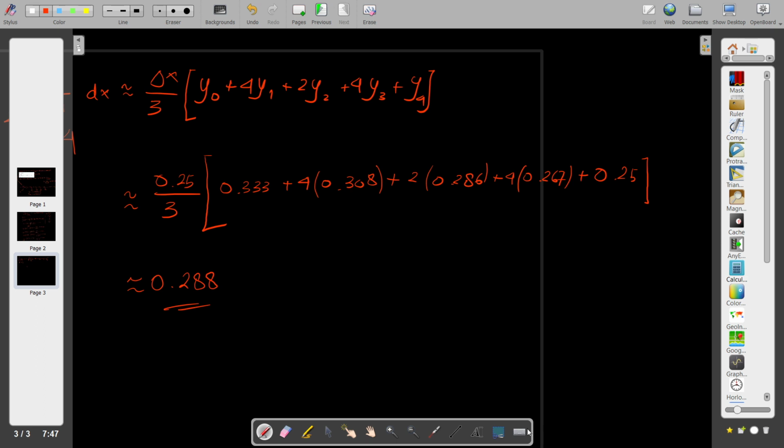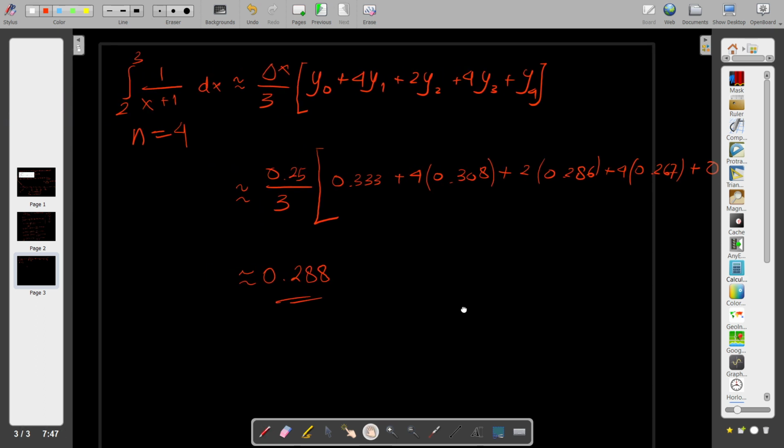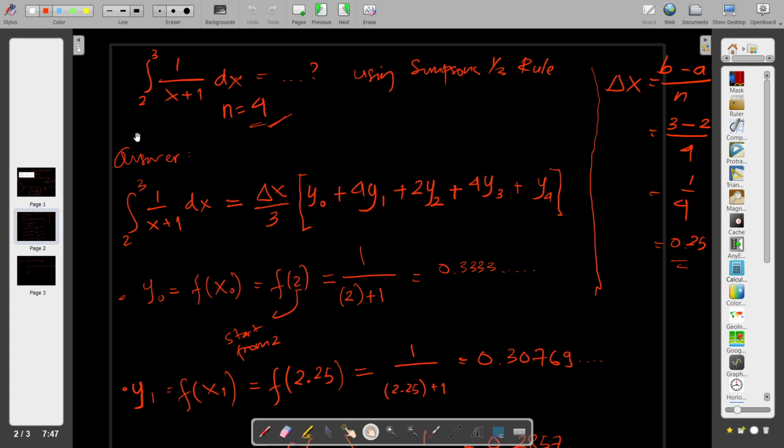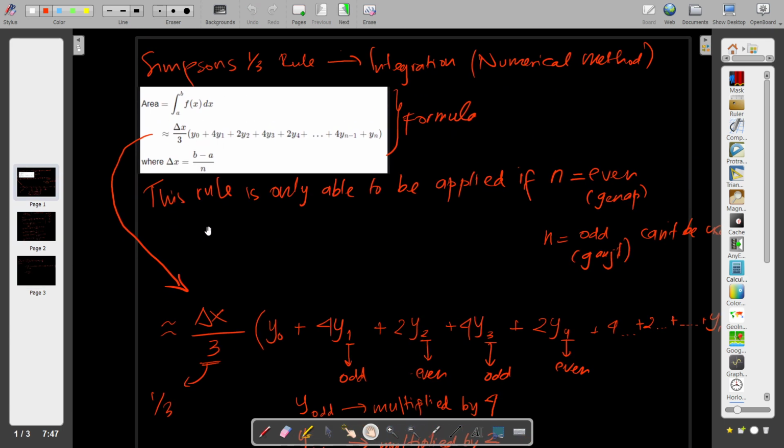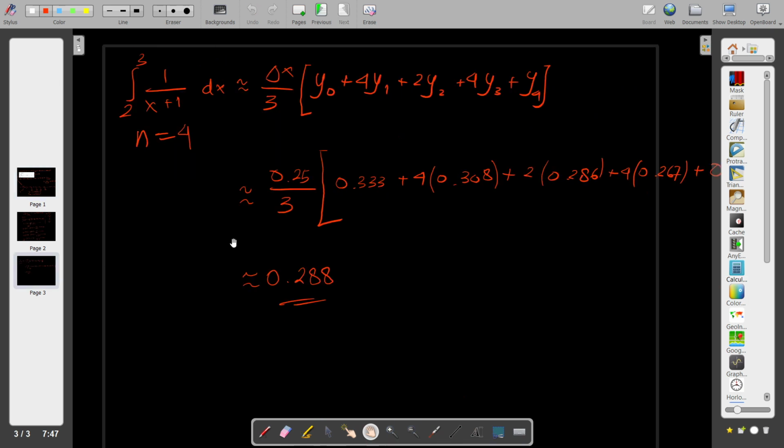So this is the concept of Simpson's one-third rule, and by using this we can also calculate the expression of integration.